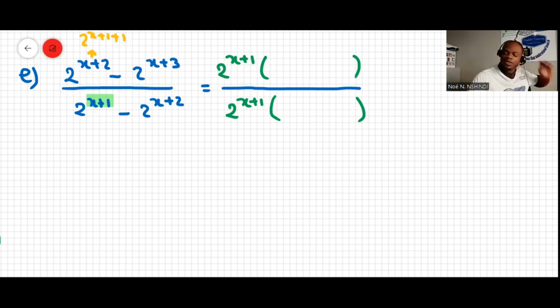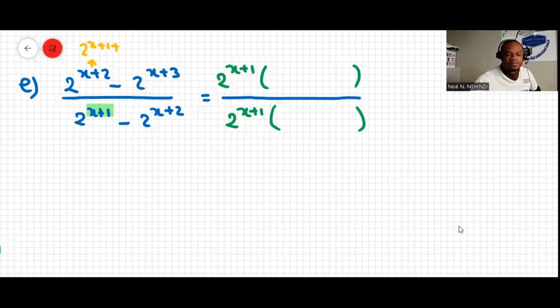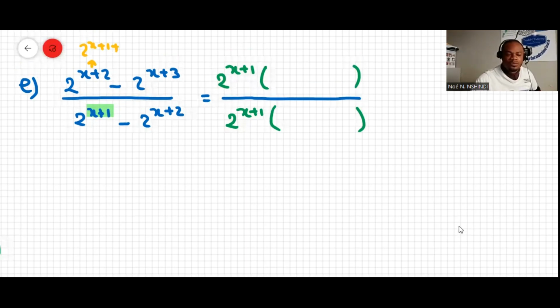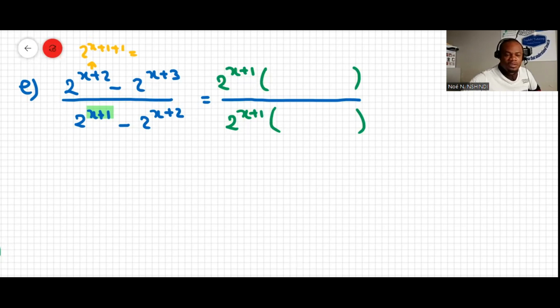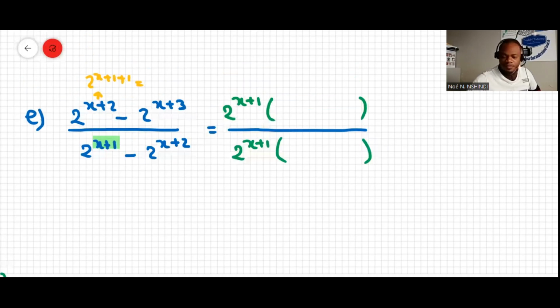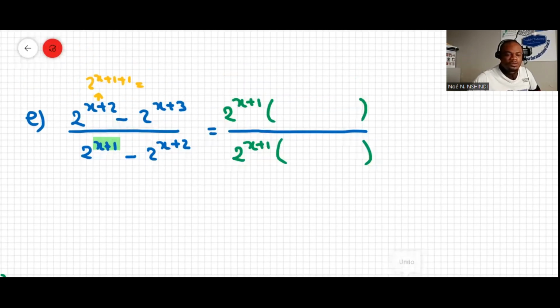Or we can say it's like 2 to the x plus 1 plus 1, which makes plus 2.